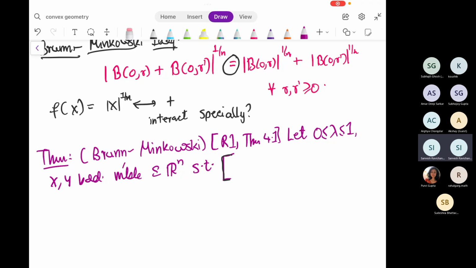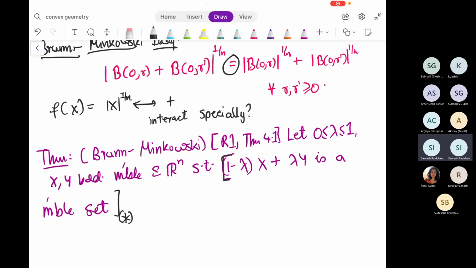We need to assume the fact that (1 minus lambda) x plus lambda y is actually a measurable set. This is not something that is given from the definitions of the Minkowski sum or scaling.